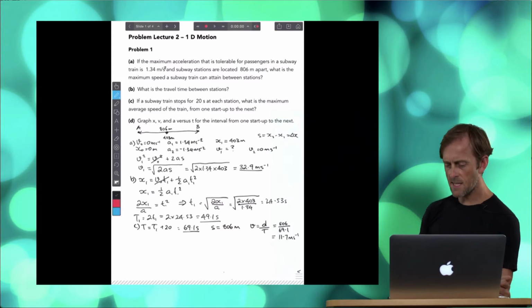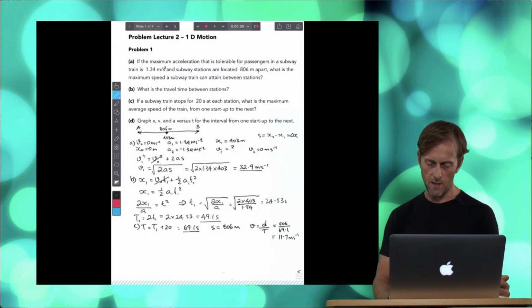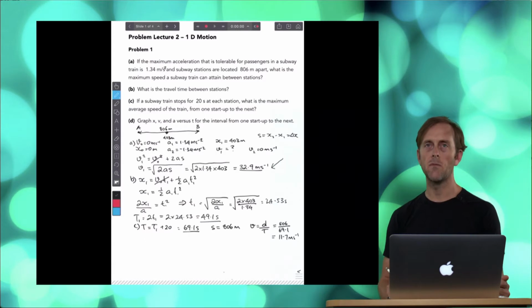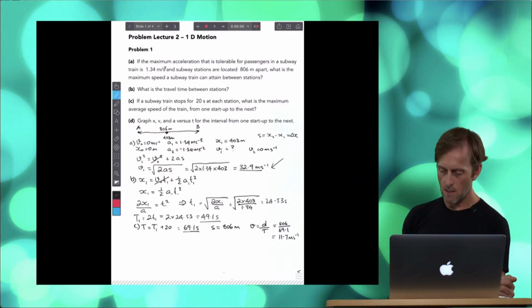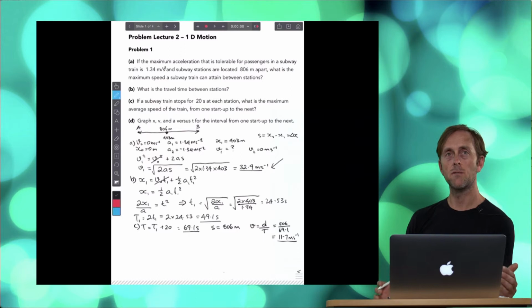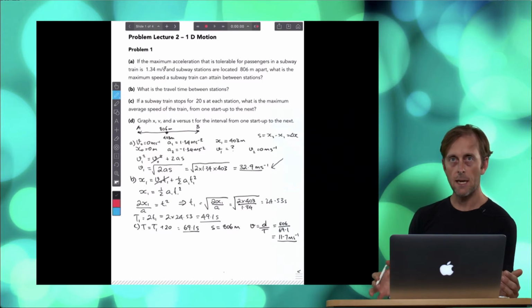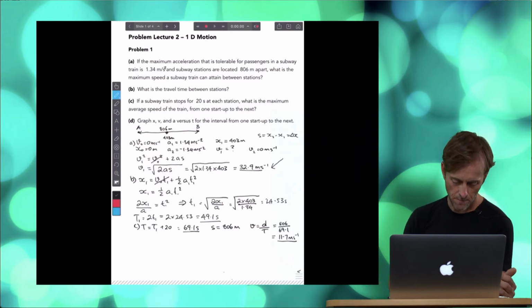So you can see that that's different from this value here. That's the maximum value. So at some point along there, we reached a maximum velocity of 32.9. So instantaneously, we were 32.9 meters per second. But over average, we're only 11.7. You can see how the average velocity can be different to the instantaneous velocity.